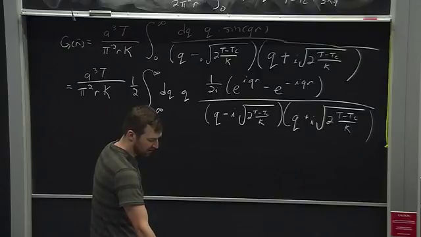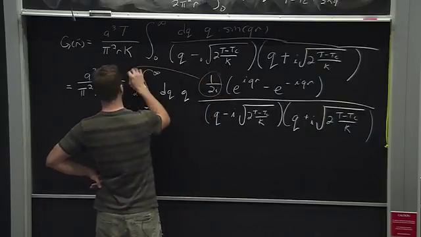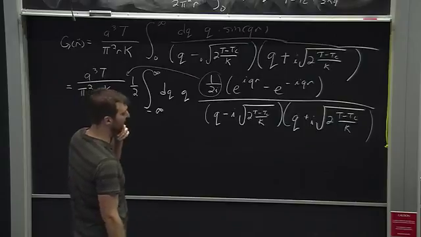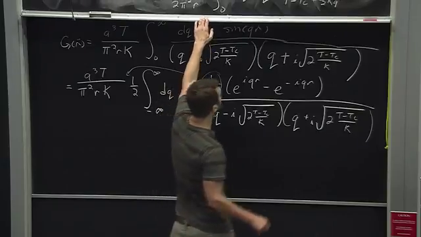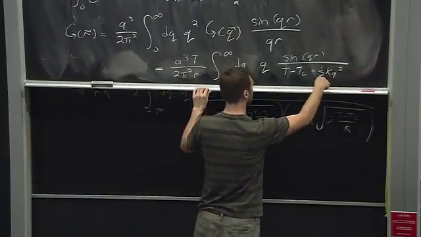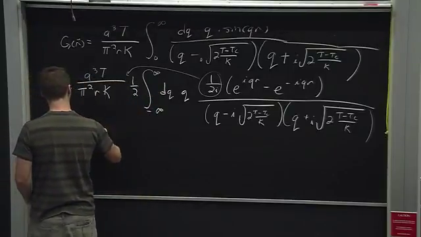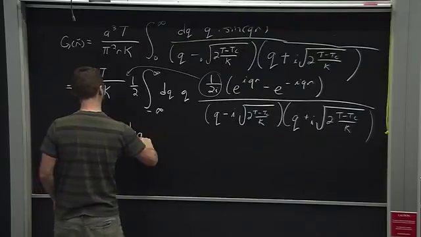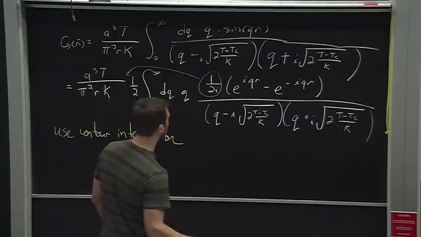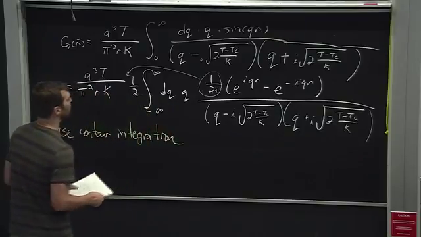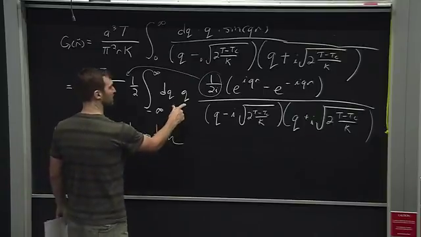I think I can do this now. I just pull this 2i out front. And then I have something that looks like a contour integral. So we can just use... I feel like I need a Q out front in order to do this integral. Oh yeah, here it is. Yeah, okay, so this is good.